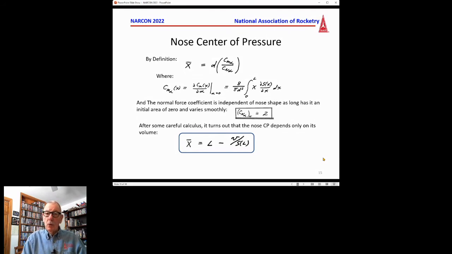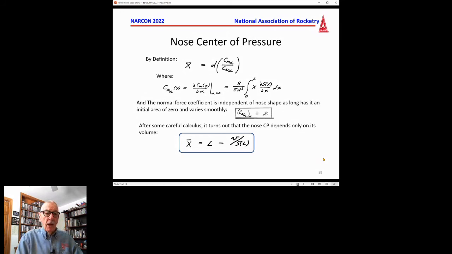So we use those coefficients because you take that out of the picture and you're dealing only with the shape of the rocket. So you're not dealing with the actual forces, you're dealing with the part of those forces which are dependent on the shape of the rocket.